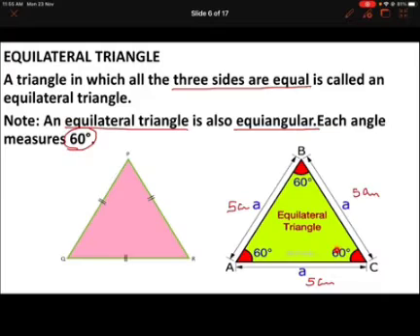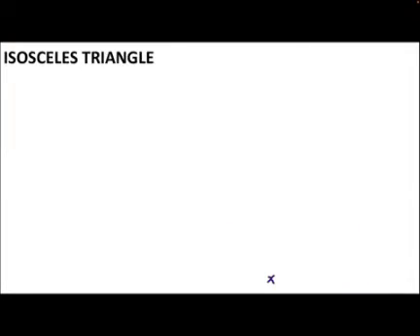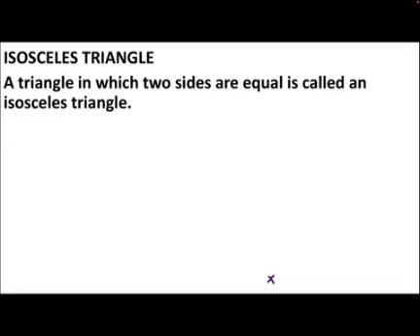So, even by looking at the angles, we can clearly say that this triangle is an equilateral triangle. So 60 plus 60 plus 60 is 180 degrees, showing that the given triangle is an equilateral triangle. Okay, next.